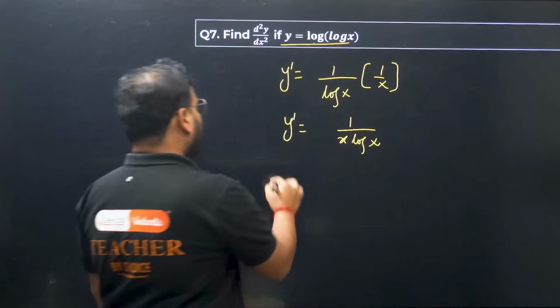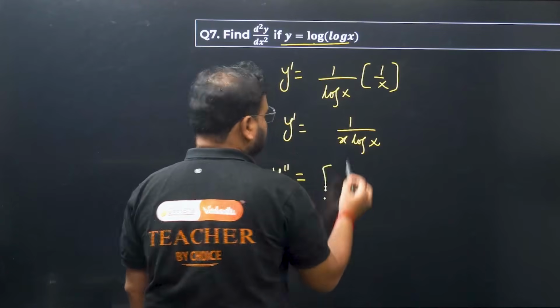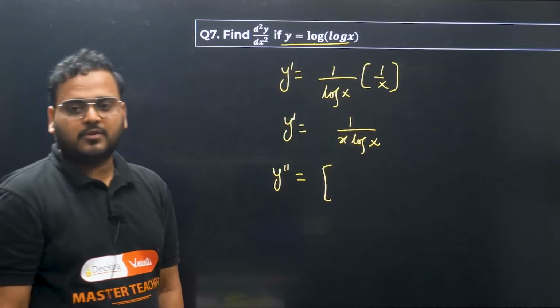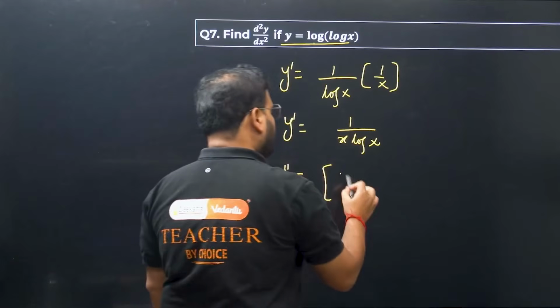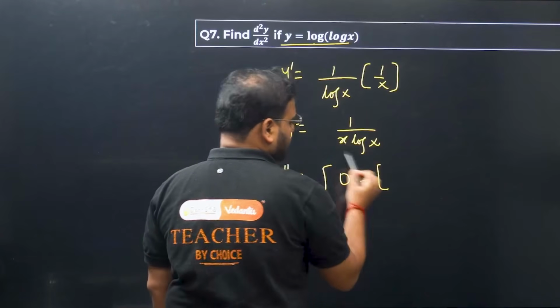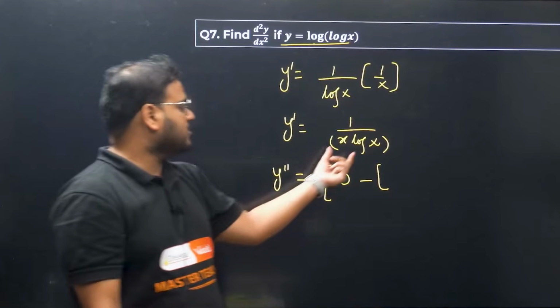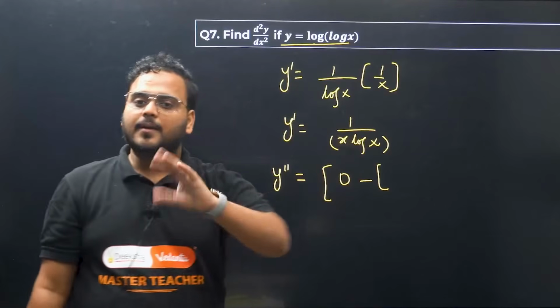Second one, y double dash will be given by the derivative of this in the quotient form. Differentiate 1, we get 0, write 0 minus. Differentiate this. I have to differentiate the denominator, right? So use what? Product rule, because we have two functions here. X log x, use the product rule.